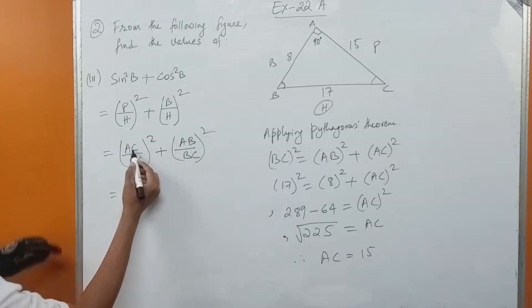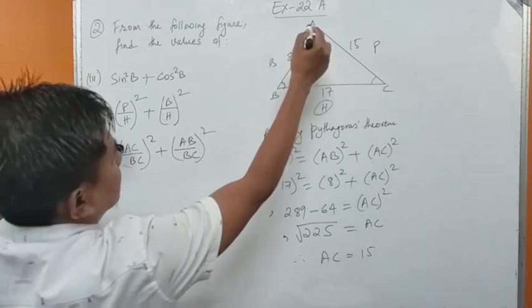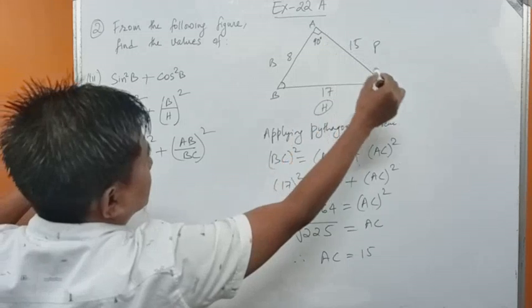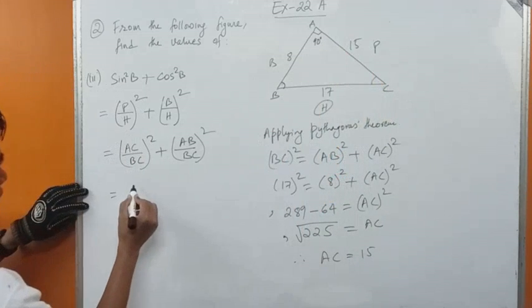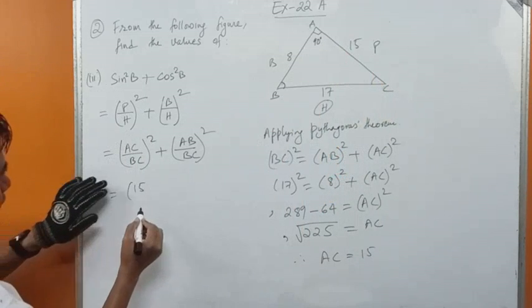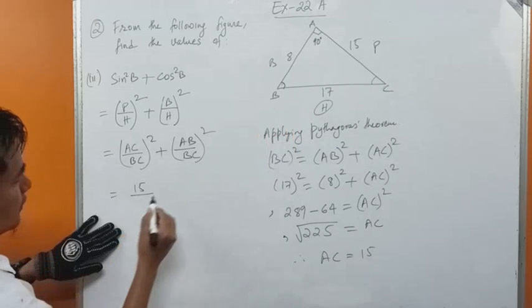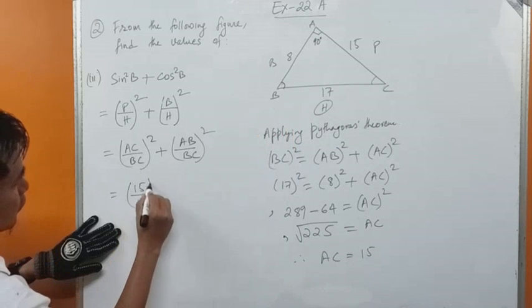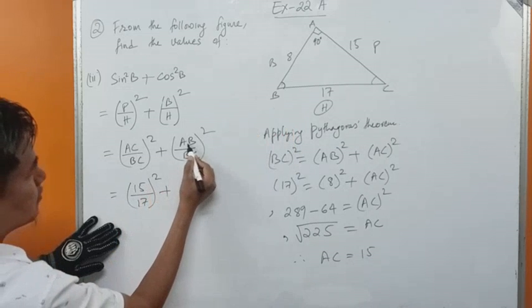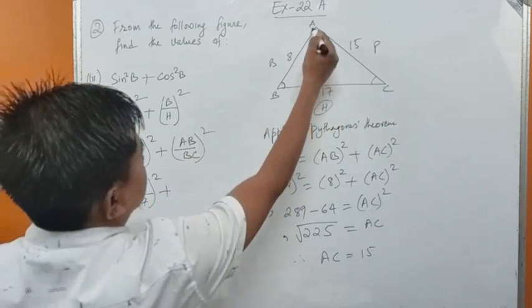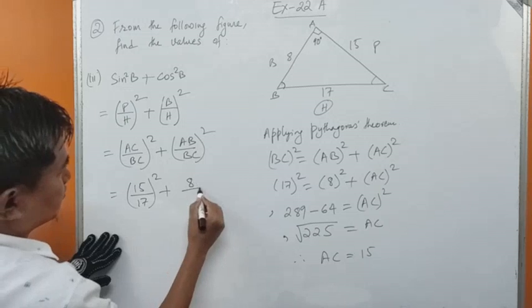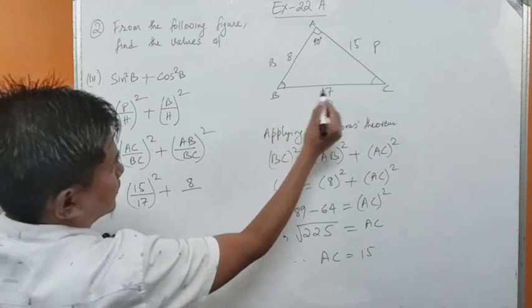So what is the value of AC? 15. And what is the value of BC? BC is 17, whole squared, plus AB is 8, BC is 17, whole squared.